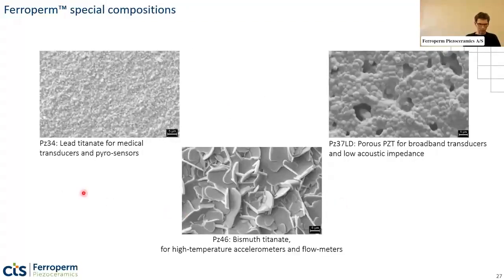And this lead titanate one is very fine grained, as you see. And here you see a very different grain morphology for the high temperature materials, the bismuth titanates. These are like platelets. And finally, what I told you before, the porous PCT material, where you can easily see some porosity that has been added deliberately.